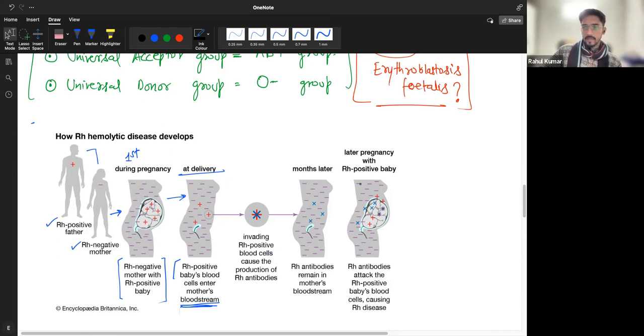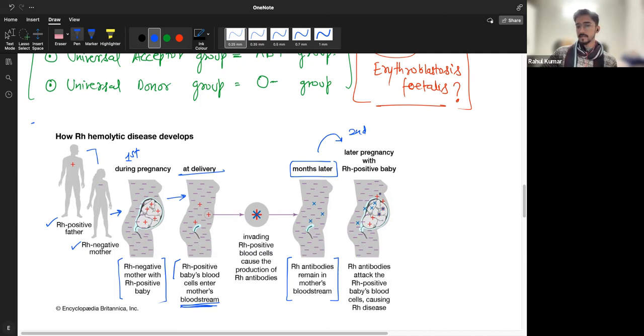Now, in the second delivery, months later, the anti-Rh antibody is present in the mother's blood, due to the mishap during the birth. So now the mother's blood has anti-Rh antibody because of this encounter. In the second pregnancy, what will happen? If by chance the baby is again Rh positive, and if the baby is Rh negative, no problem.